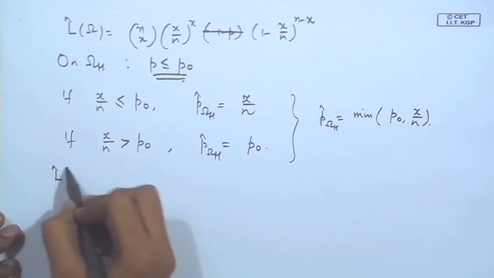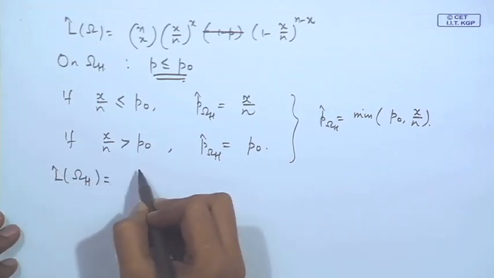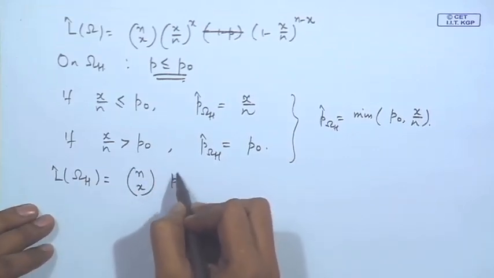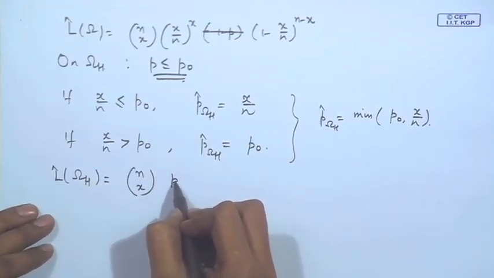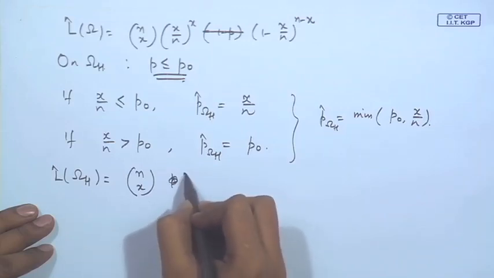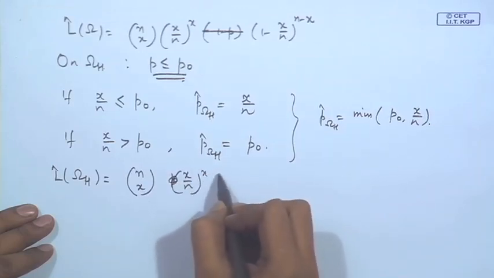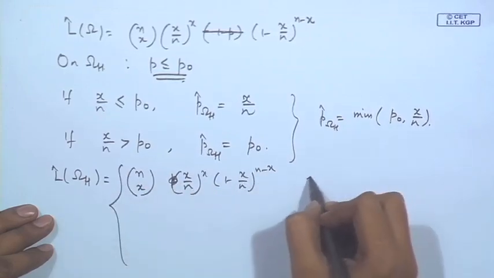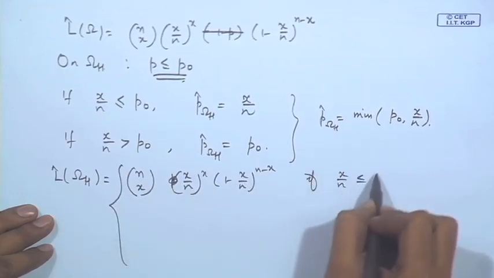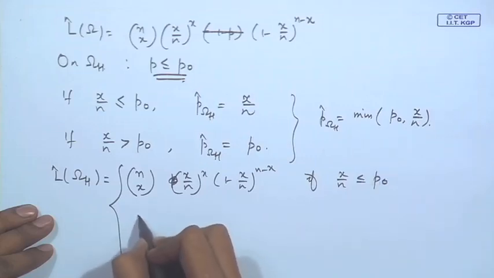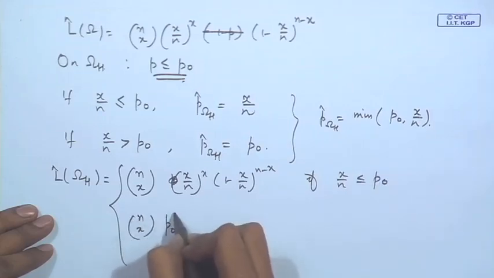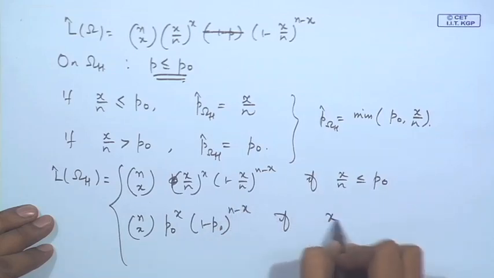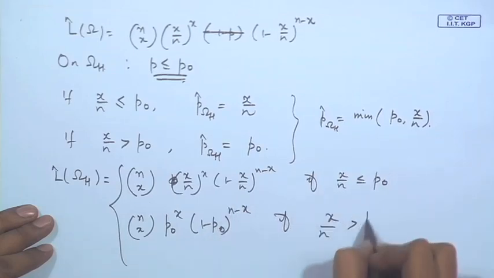So, L hat omega H is equal to nCx (x by n) to the power x, (1 minus x by n) to the power n minus x, if x by n is less than or equal to p naught, and it is equal to nCx p naught to the power x, (1 minus p naught) to the power n minus x, if x by n is greater than p naught.